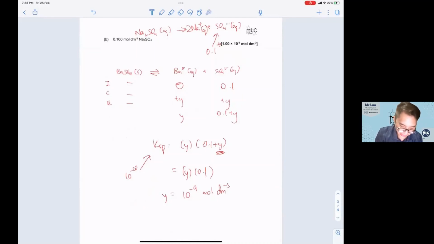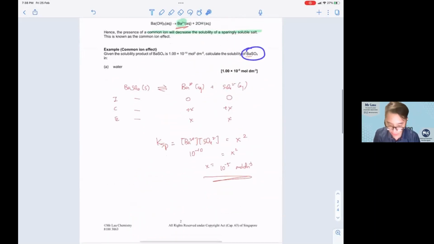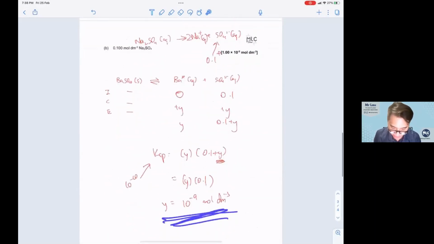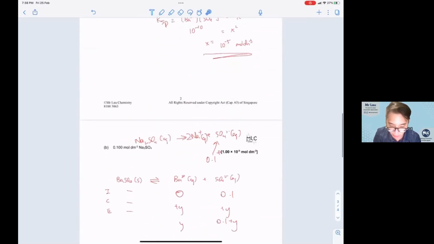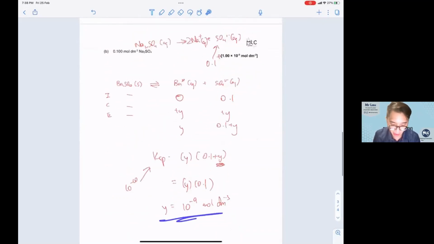This is the new solubility of your BaSO4 with the common ion effect. You can see that it is much less soluble compared to just now. Just now, the solubility of BaSO4 was 10 to the power minus 5. Now the solubility is 10 to the power minus 9 mol per dm cube. So it is a lot less soluble due to the common ion effect.